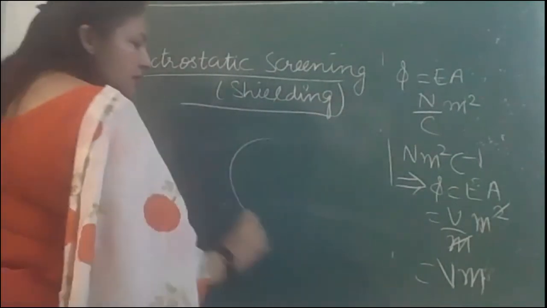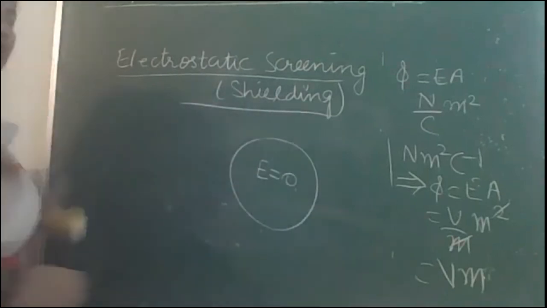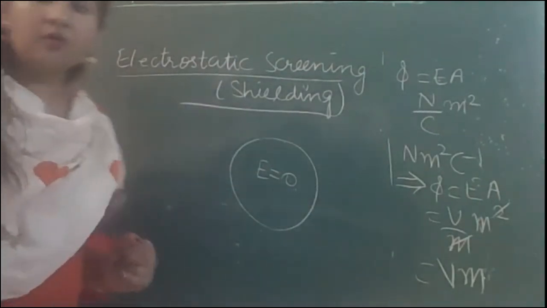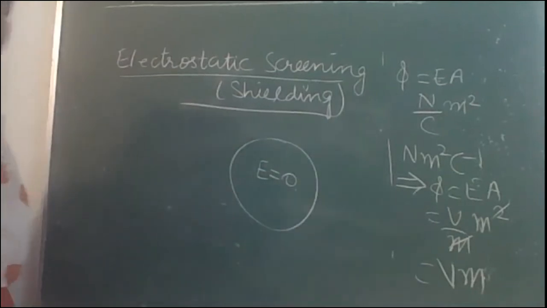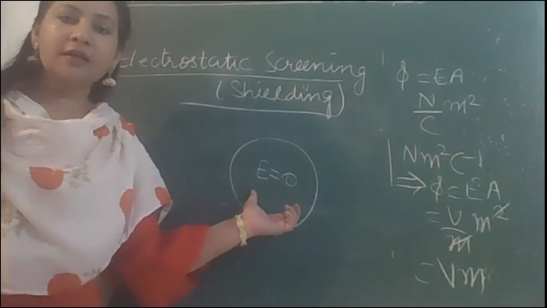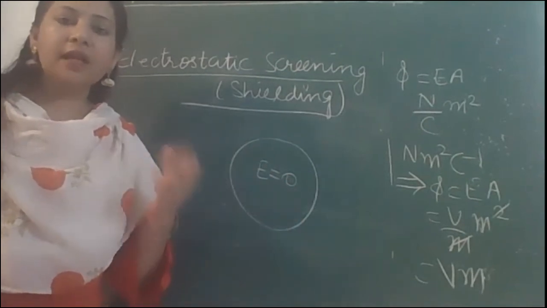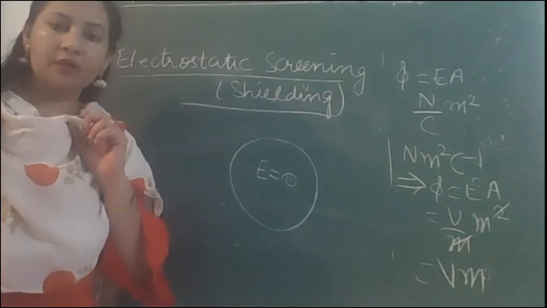This is on the basis of this property that electric field inside a hollow conductor is zero. Okay, we know that electric field inside a hollow conductor is zero. So that's why a hollow conductor will act like a, you can say, electric field protector. It will act like a shielder, right?